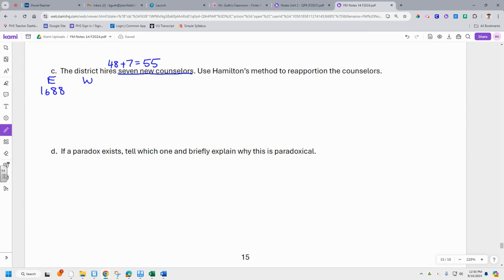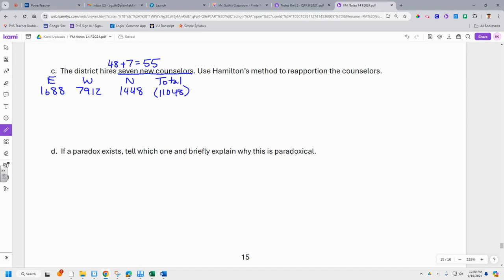West High had 7912, and North is the new one, North High 1448. If you add those three numbers up, that gives us a total of 11,048.